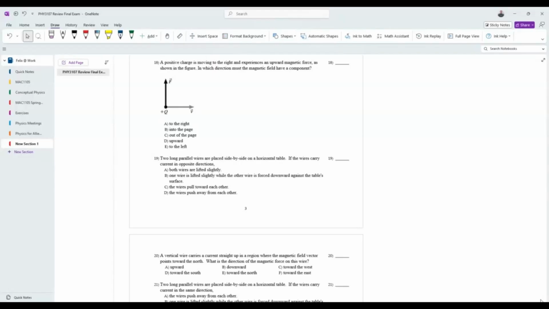Remember that when you apply the right-hand rule, you must put your 4 fingers in the direction of the velocity. And when you fold the fingers, those fingers should be pointing in the direction of the magnetic field. And then the thumb would be pointing in the direction of the force.